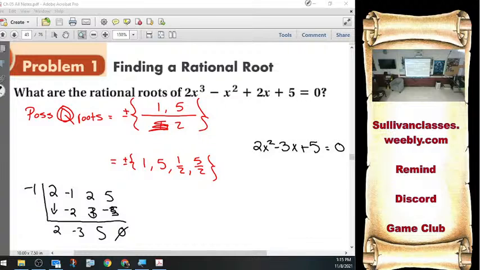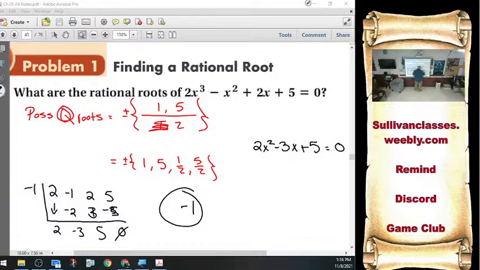No. This is not factorable. If it's not factorable, that means there are no more rational roots. The only rational root was -1, because the remaining quadratic did not factor. If it doesn't factor, it doesn't have any rational roots.